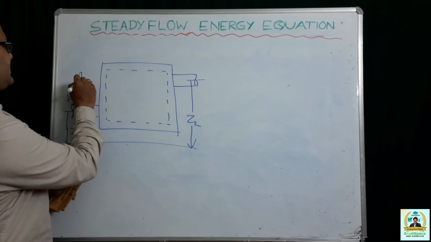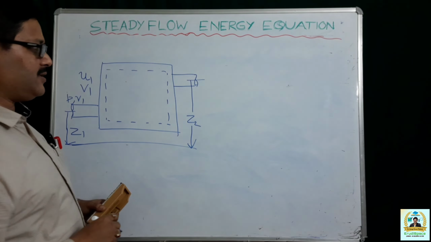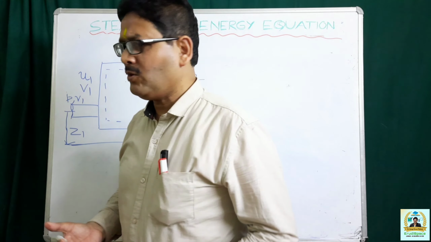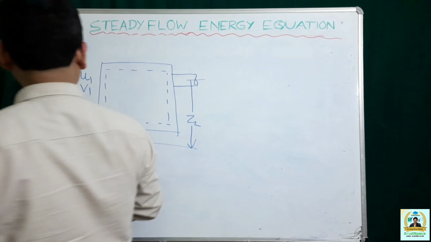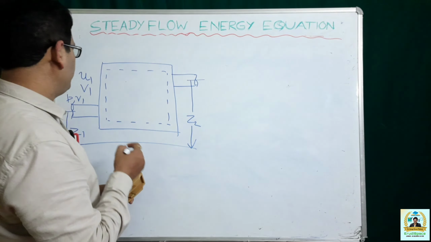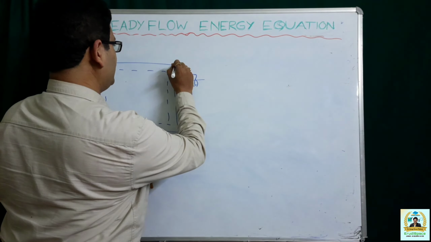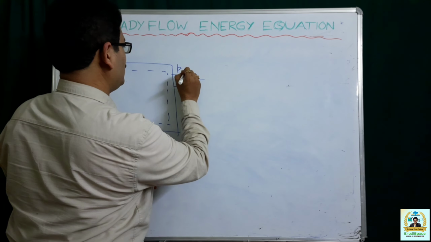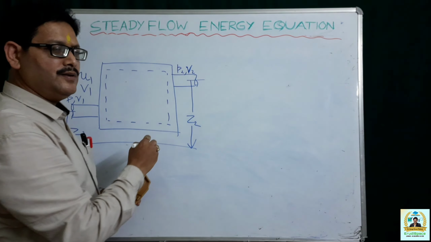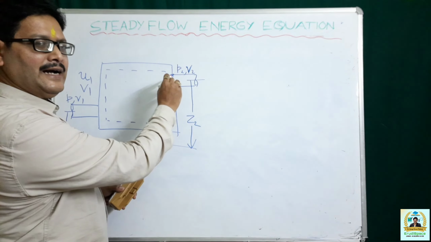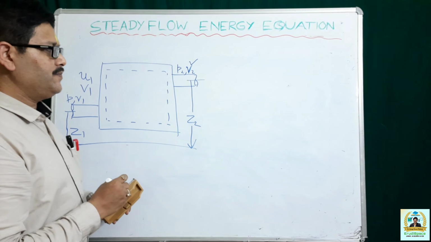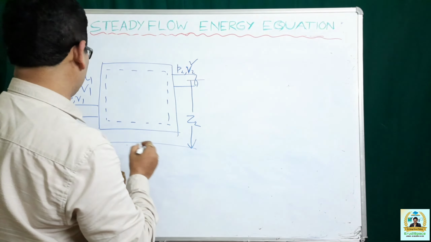The specific internal energy is u1, because we are considering unit mass of working substance. You can consider m mass also, it won't make any difference, you only have to multiply. Then you have P2, v2, the pressure and specific volume at the outlet.